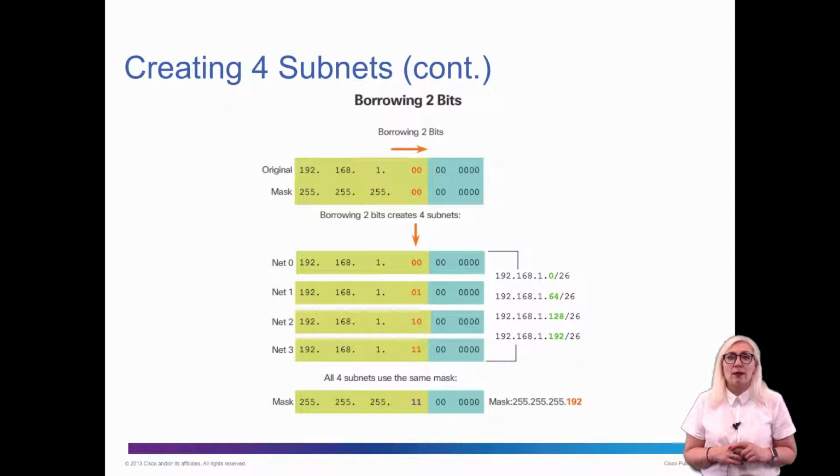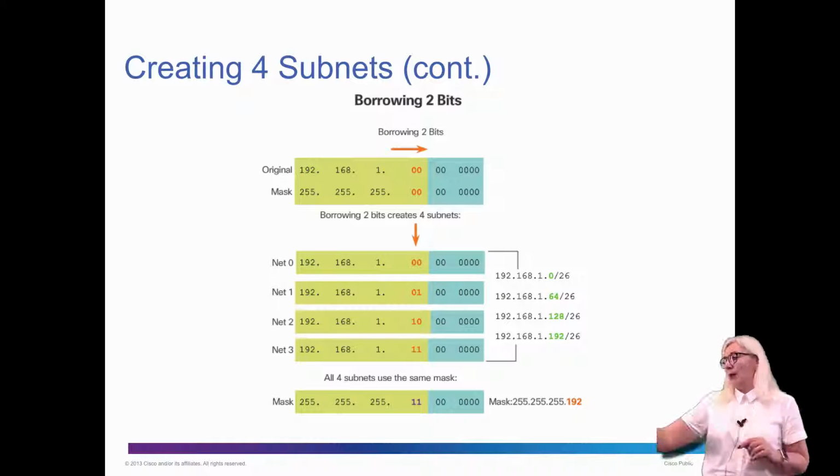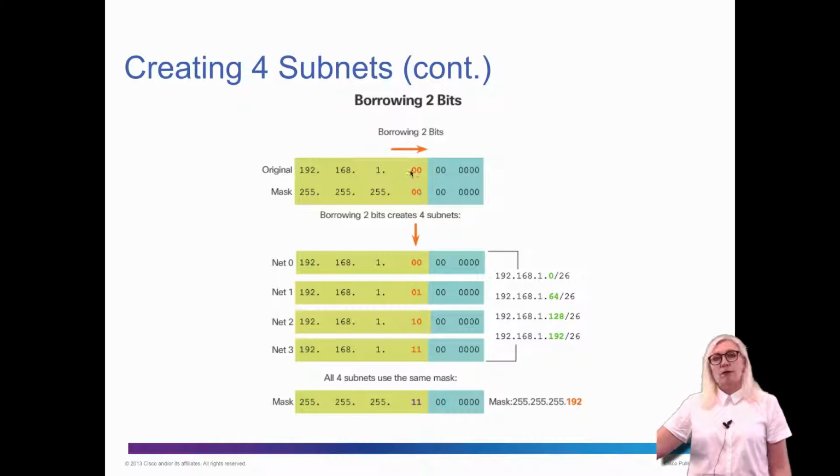Again, the 2 red ones here are now bits that go from being host bits to being networking bits. And these 2 bits can have 4 different values: 00, 01, 10, and 11. And when I calculate these backwards, I will see that these are now my new 4 network addresses.